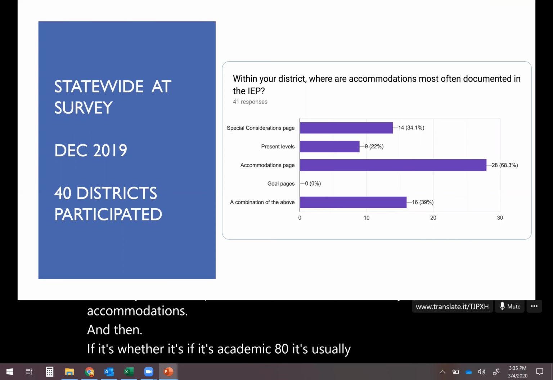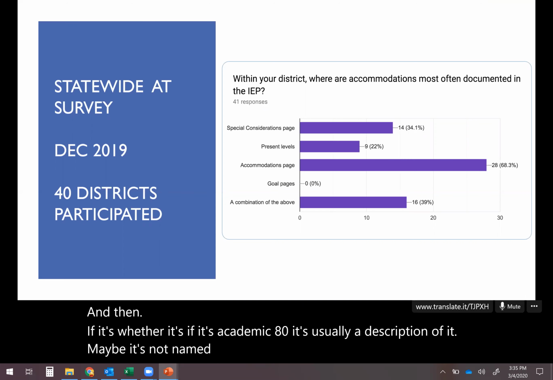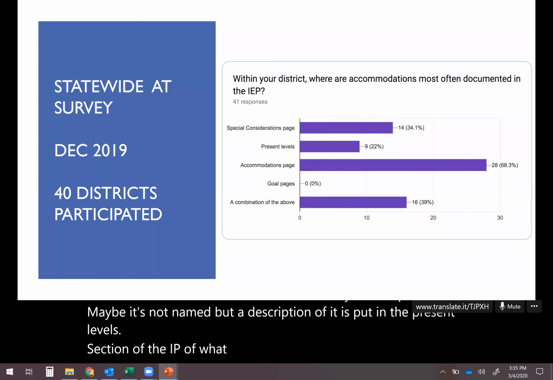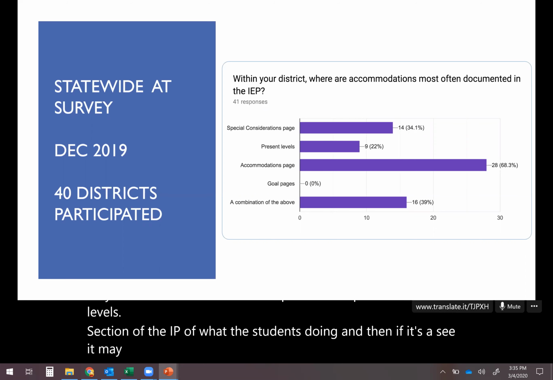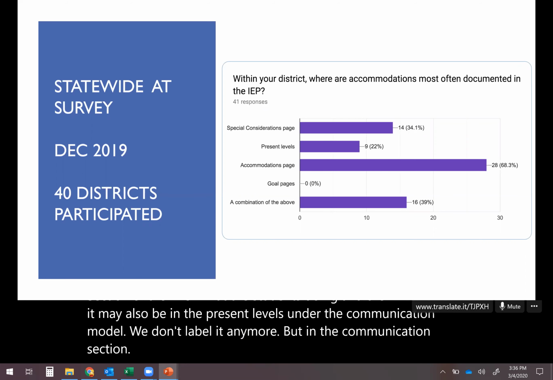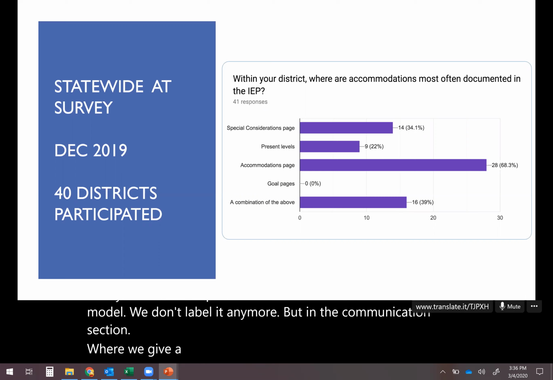Maybe it's not named, but a description of it is put in the present levels section of the IEP of what the student is doing. And then if it's AAC, it may also be in the present levels under the communication, well, we don't label it anymore, but in the communication section where we give a description of it, we don't name it.